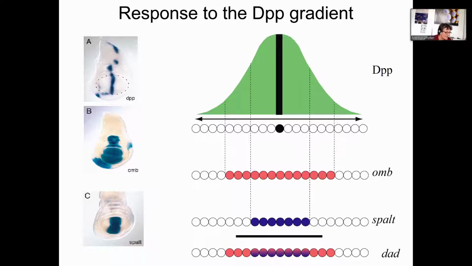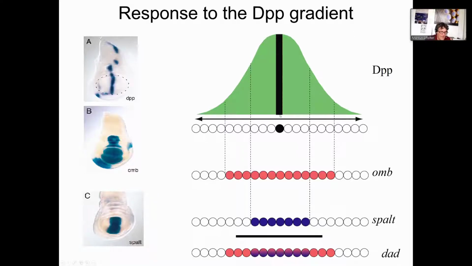So after many years, we realized it cannot be the SMAD input that regulates the expression of OMB and makes it different from the expression of Spalt. But what is the other logic candidate? Brinker. Brinker expression is low in the center, and then slowly as DPP goes down, Brinker goes up.